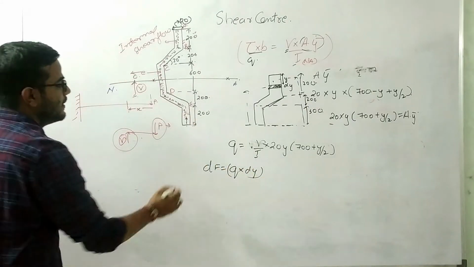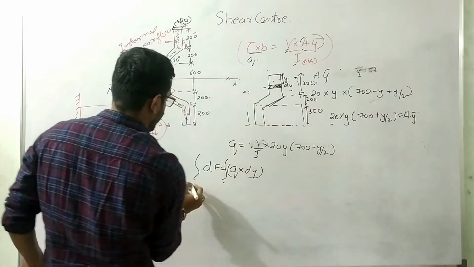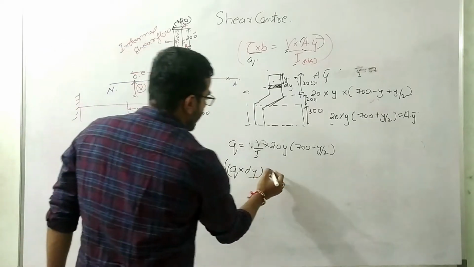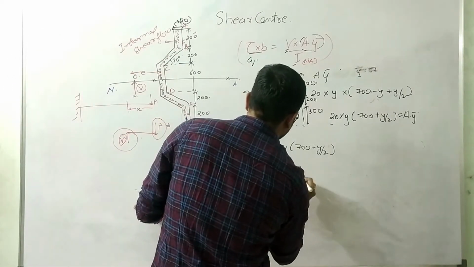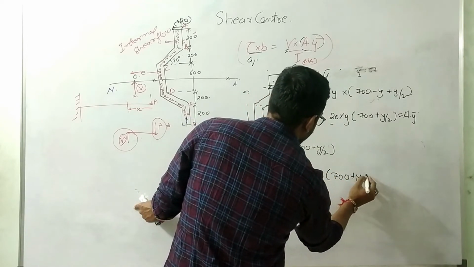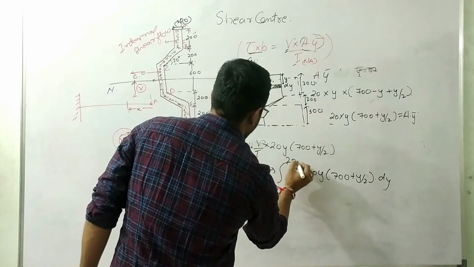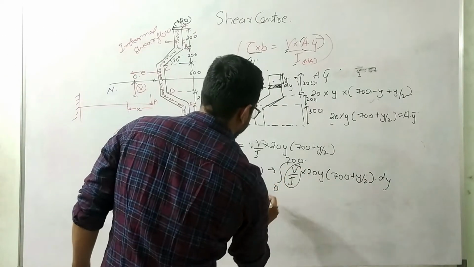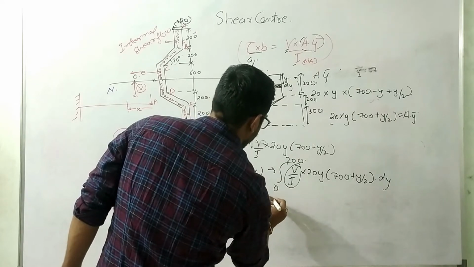So if I integrate this, the integration will be from 0 to 200. V by I will be a constant, so I will take it outside.